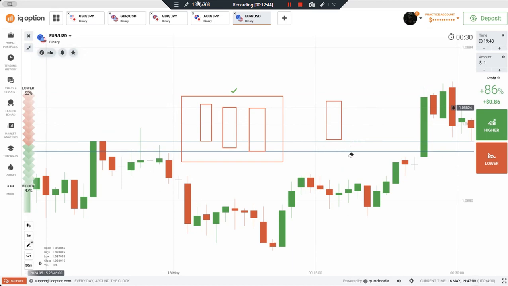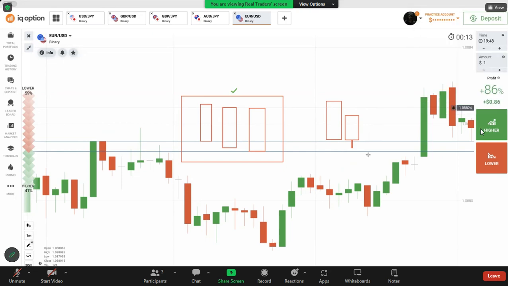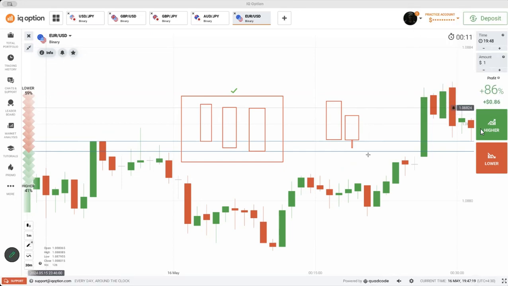Also, on the other hand, because it is too close, it can just reach the line and reject back, go up like this. So it can also be a bullish candle. See, this is a 50-50 chance, and it is risky for us to place our trade in a situation like this.